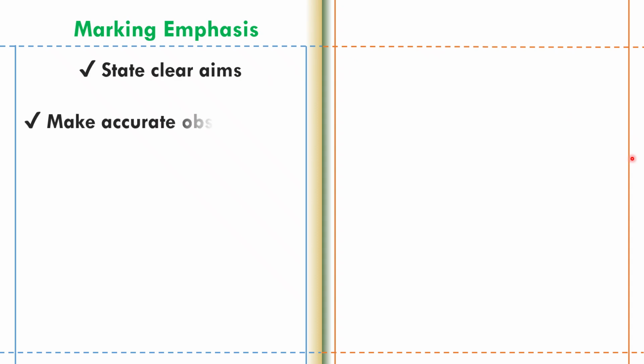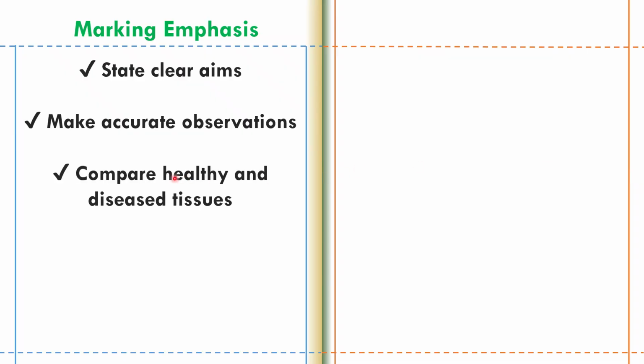Marking emphasis. State clear aims. Make accurate observations. Compare healthy and diseased tissues. Relate structure to function.